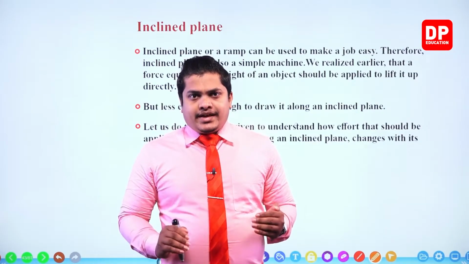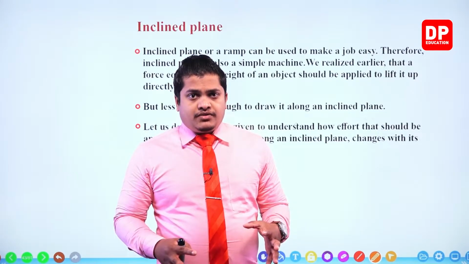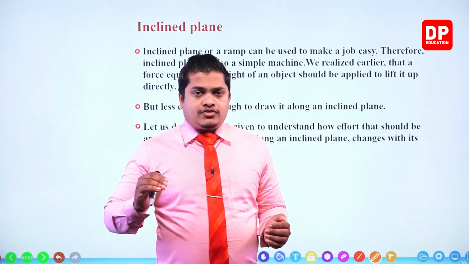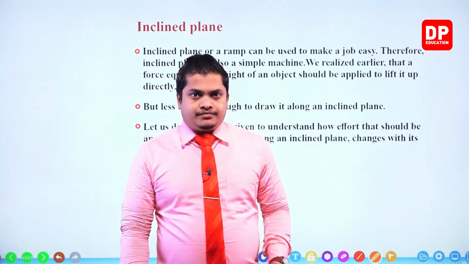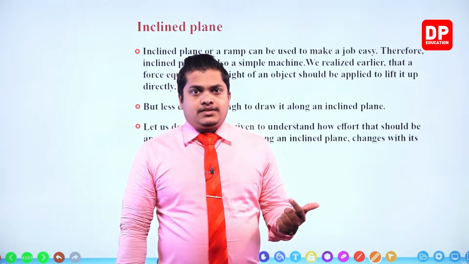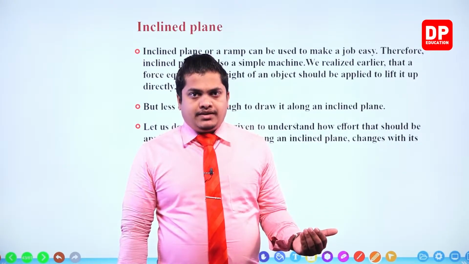An inclined plane can be used to take a certain object which is at the ground level to a different location which is vertically up. So to carry a certain object vertically upward, we can use the inclined plane.